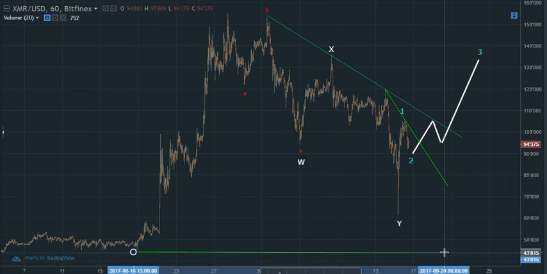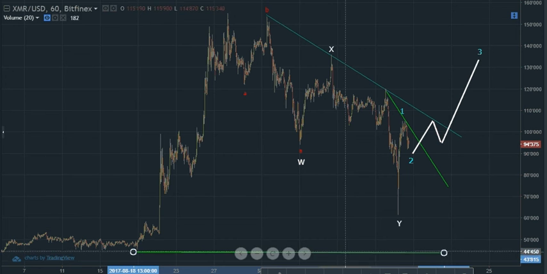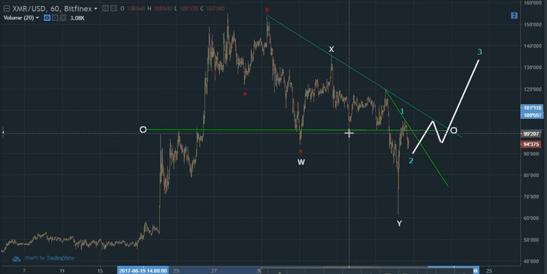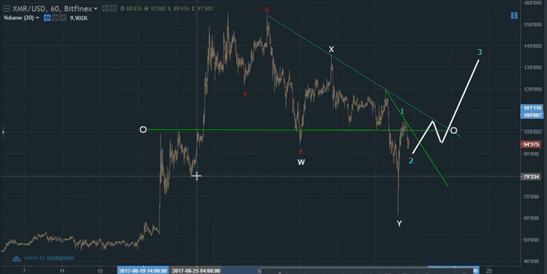Okay, I like to draw horizontal support lines and resistance lines. So here was a support that it just broke through and came back. It's still within it. It might be buried somewhere amongst here, wave 2, or it could be buried somewhere amongst here.